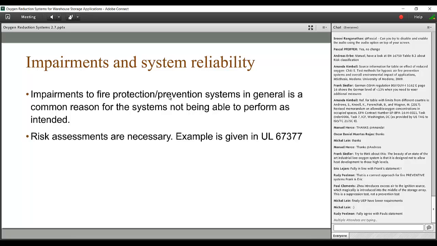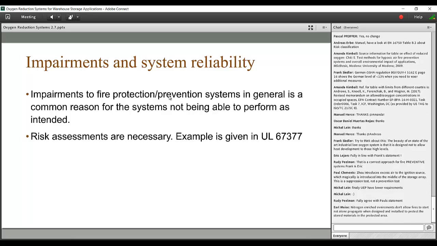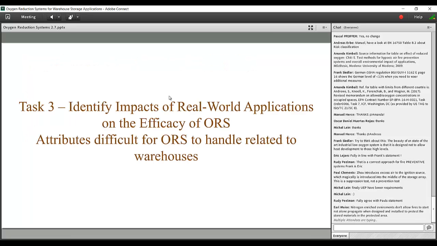Again, UL 67377 talks about, for the safety integrity level of the safety function of the system, appropriate risk assessments and risk management procedures are needed. And these just all have to be built into not only the design side of things, but the operational management side of protecting facilities which are using these types of systems.